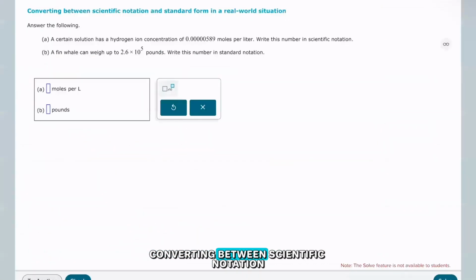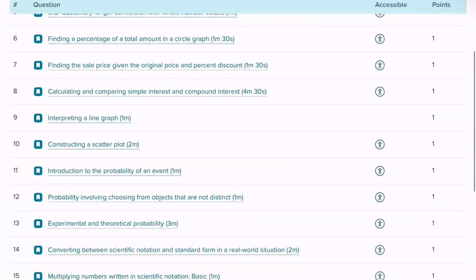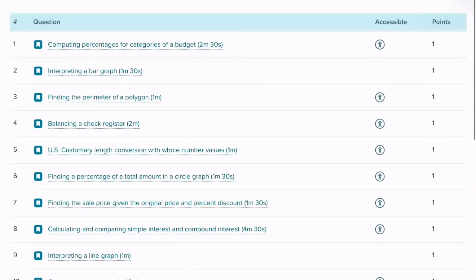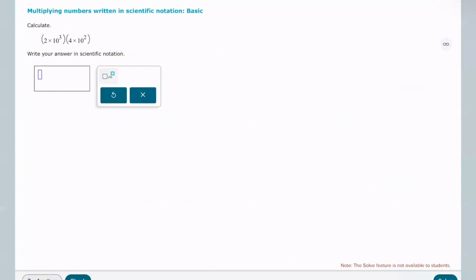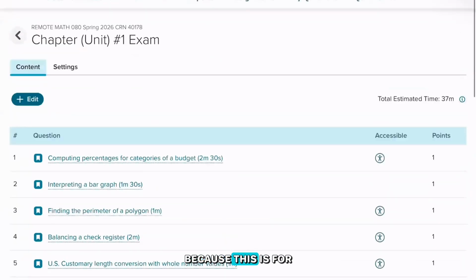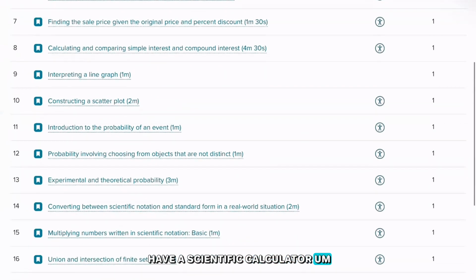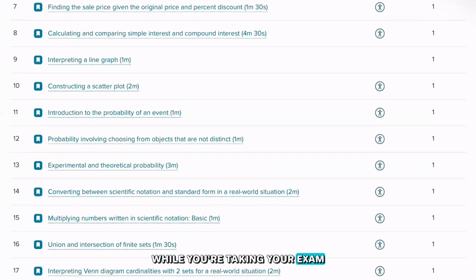Converting between scientific notation and standard form in a real world situation. Pretty straightforward, multiplying numbers. Oh, and because this is for all of my classes, you are allowed to have a scientific calculator while you're taking your exam.